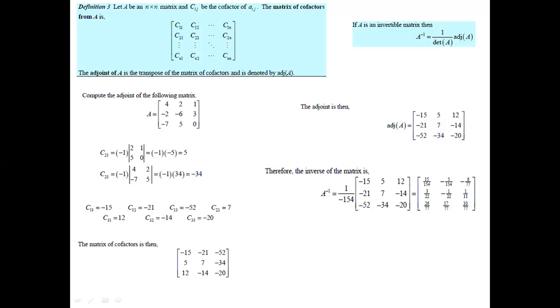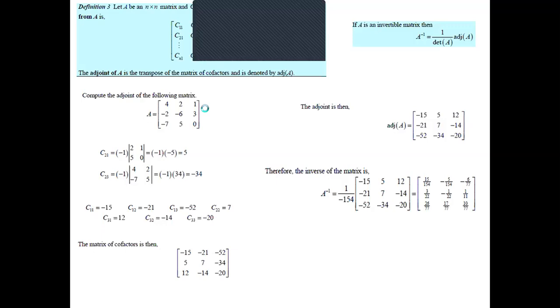When I have to find the cofactor in that position, I will ignore that column, that means the first column, and I will ignore that row, that means the second row. Therefore, to find the cofactor C21, I'll be left with the elements 2, 1 from the first row, second and third column, and 5, 0 from the third row, second and third column.